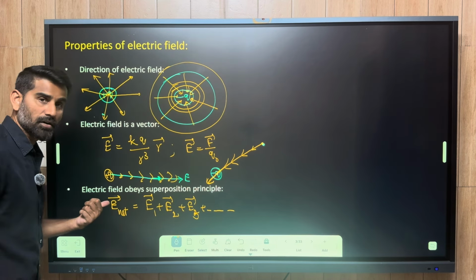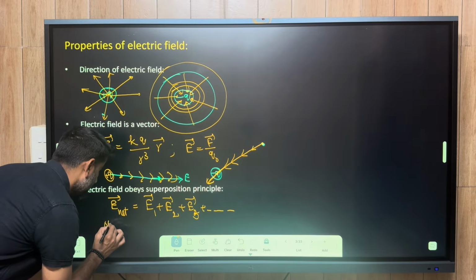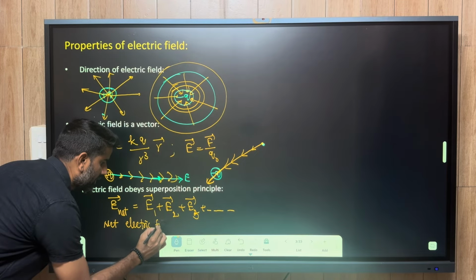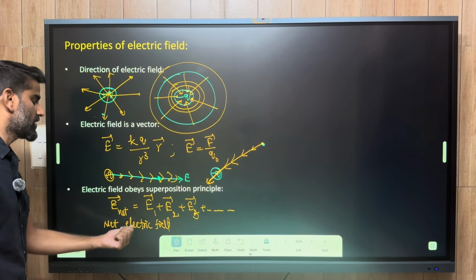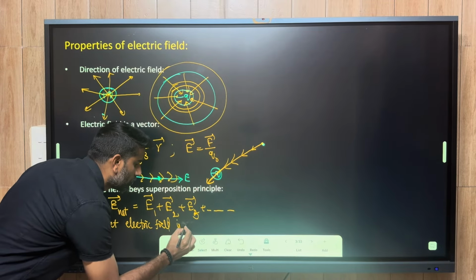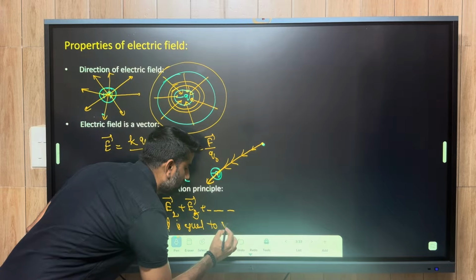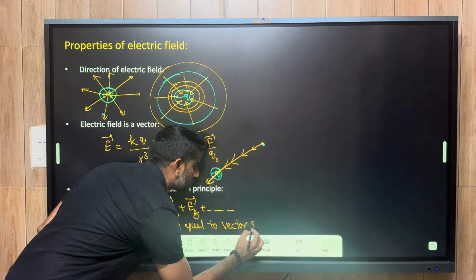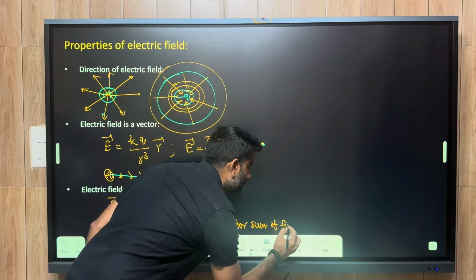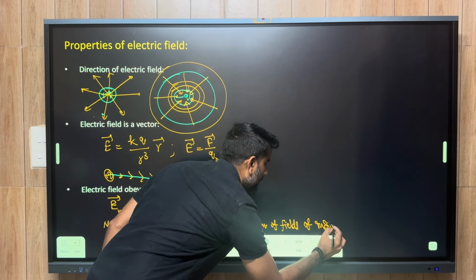Okay, so we can even give the statement for this superposition principle. Net electric field, or you can even represent this net electric field as resultant electric field, is equal to the vector sum of fields of individual charges.